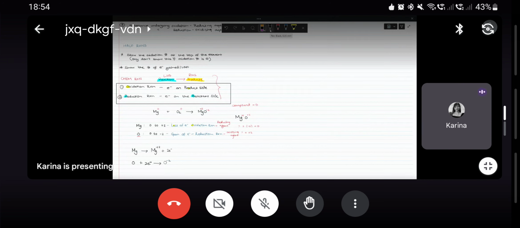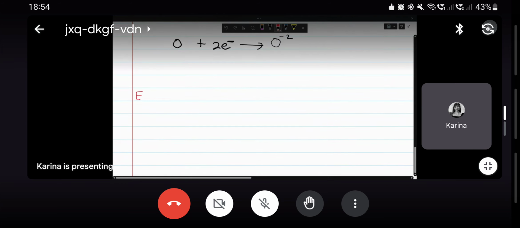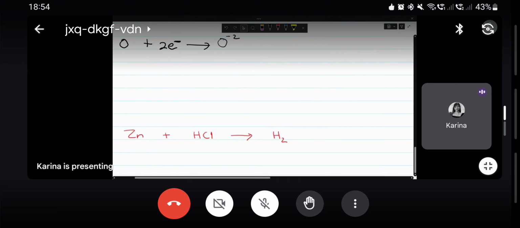Okay, so let's look at another example. We're given another equation where we have zinc, hydrochloric acid, and this is giving us H2 plus.